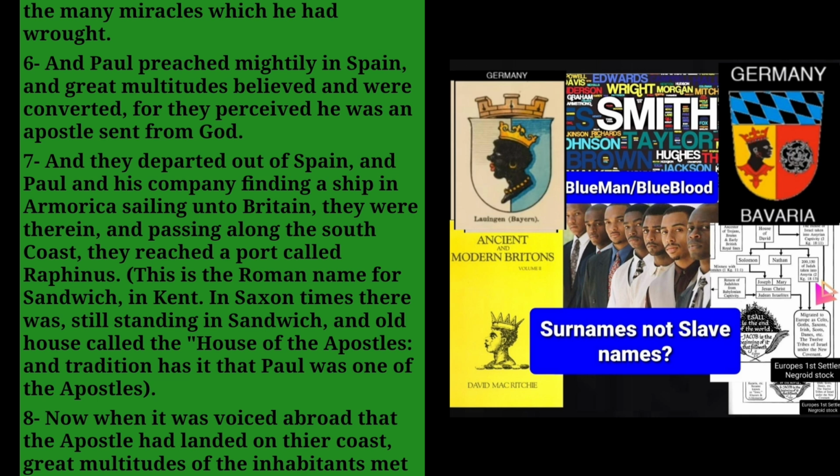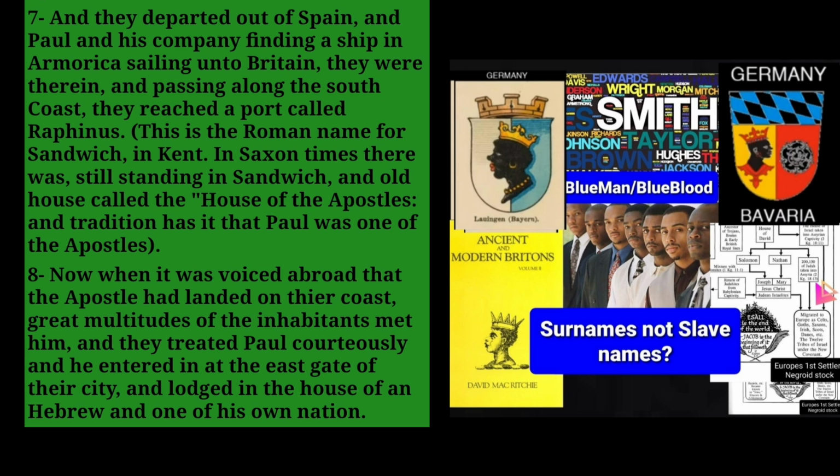Verse 7, and they departed out of Spain, and Paul and his company, finding a ship in America, sailing into Britain, they were therein, and passing along the south coast, they reached a port called Refinus. This is the Roman name for Sandwich in Kent. In Saxon times, there was still standing in Sandwich an old house called the House of the Apostles, and tradition has it that Paul was one of the apostles.